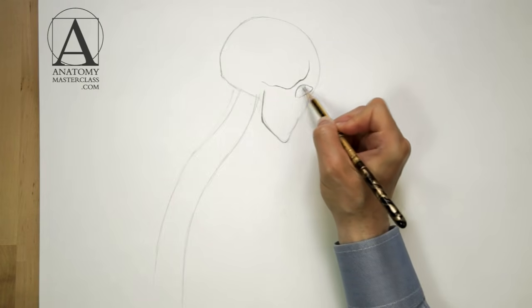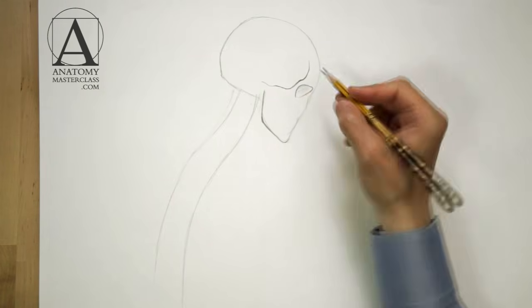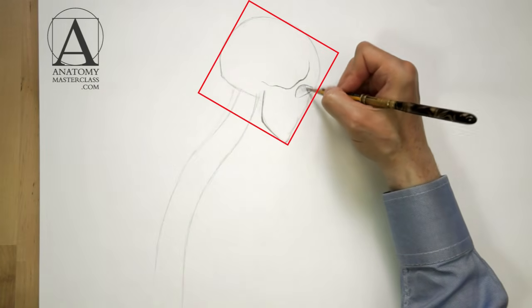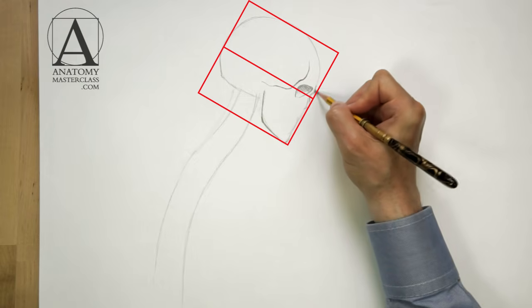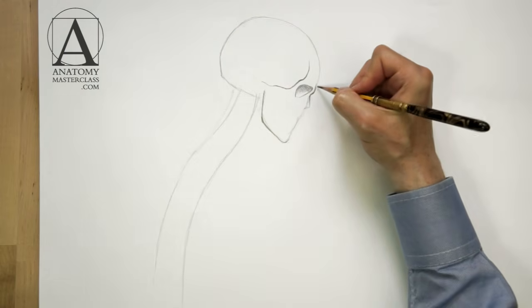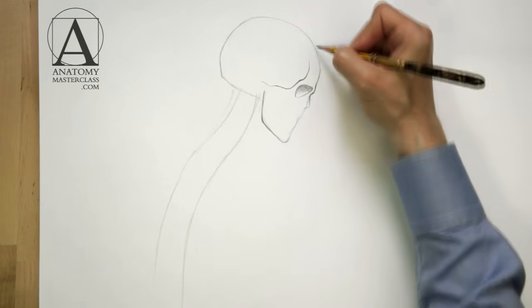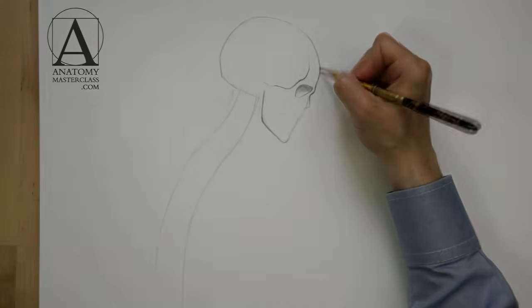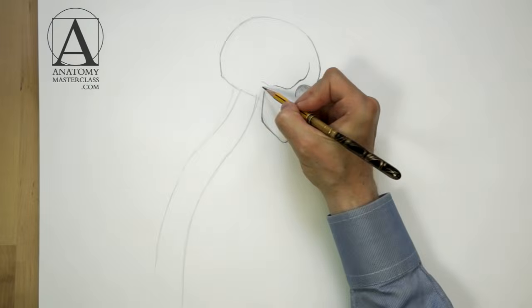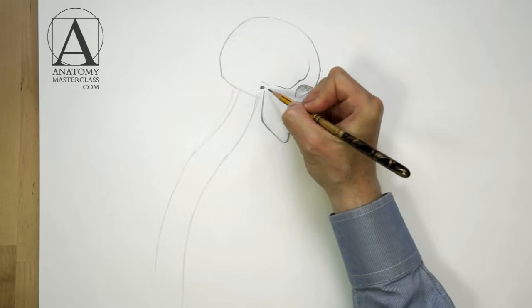We see the model's head in profile. From this point of view, the head can be inscribed by a square. By dividing the height of the skull in half, we can locate the position of the eye socket. The air channel is located right above the first vertebra of the spine.